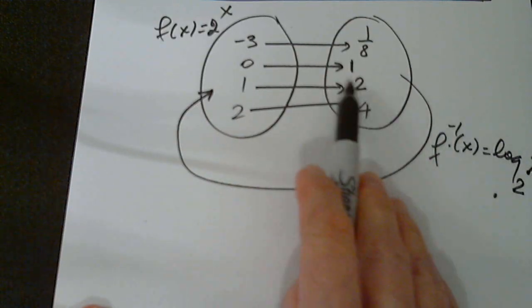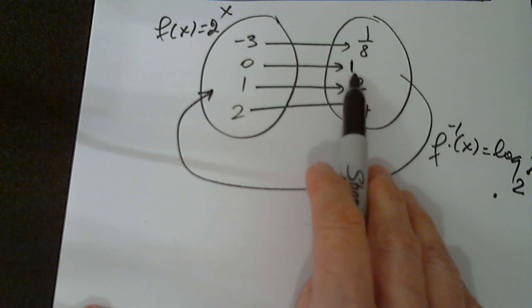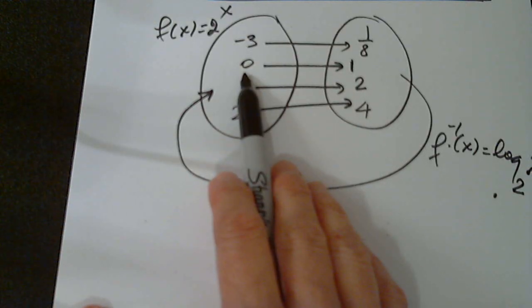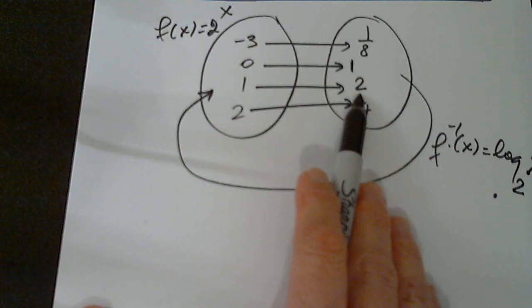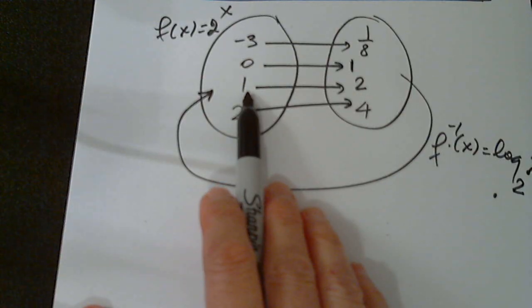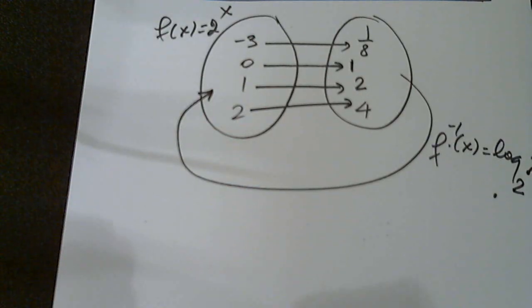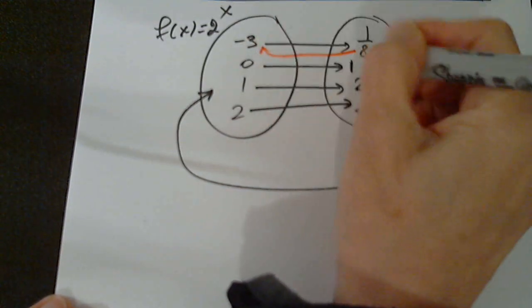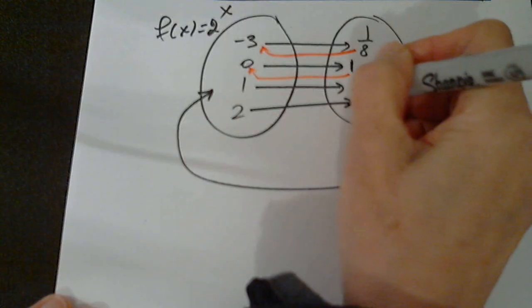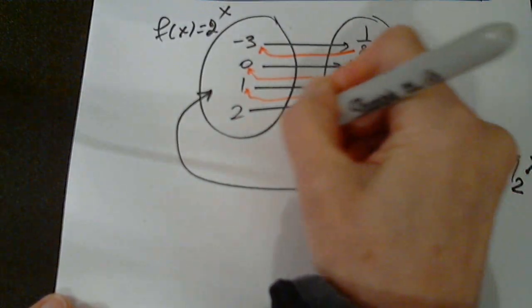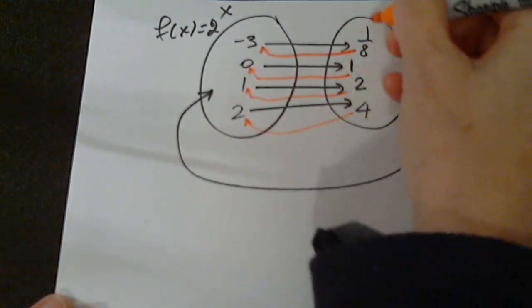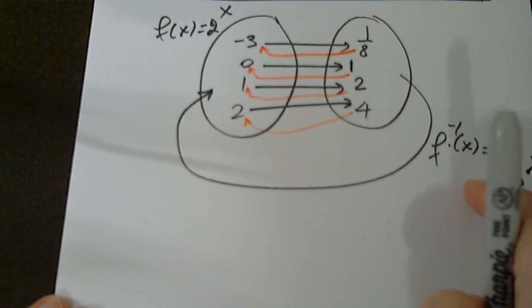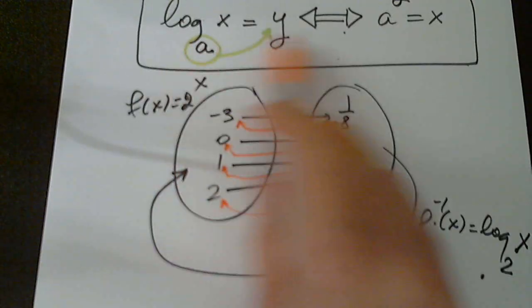When we apply log base 2 of 1, we get back 0. When we apply log base 2 to 2, we get back 1, and the same thing with 4. So in other words, this goes back here, this goes back here, and this goes back here. You understand this.